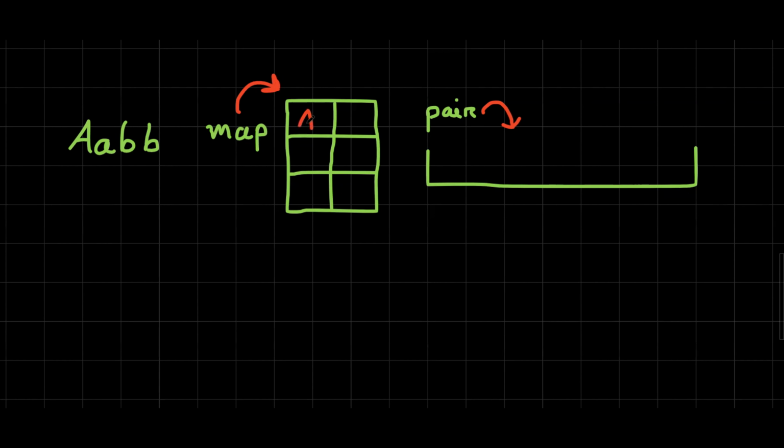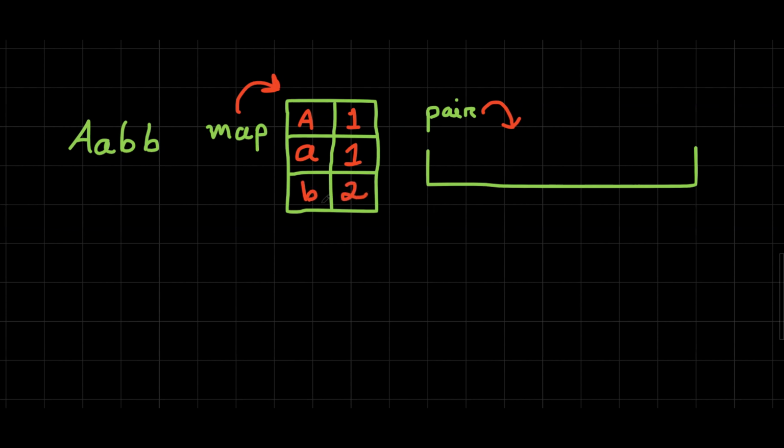So we have to put capital A here and 1 here. Now, small a appears 1 time. So we have to put small a here and 1 here. Now, the frequency of b is 2. So here, we have to put b here and 2 here.